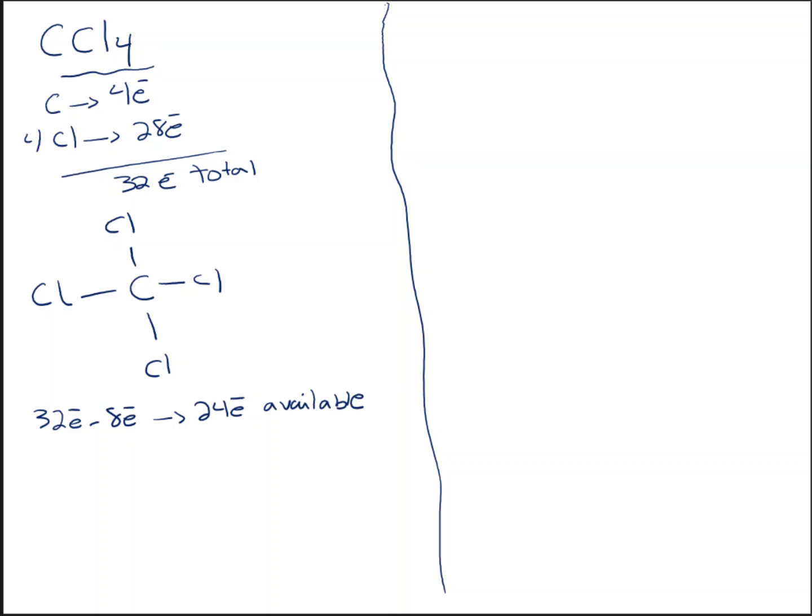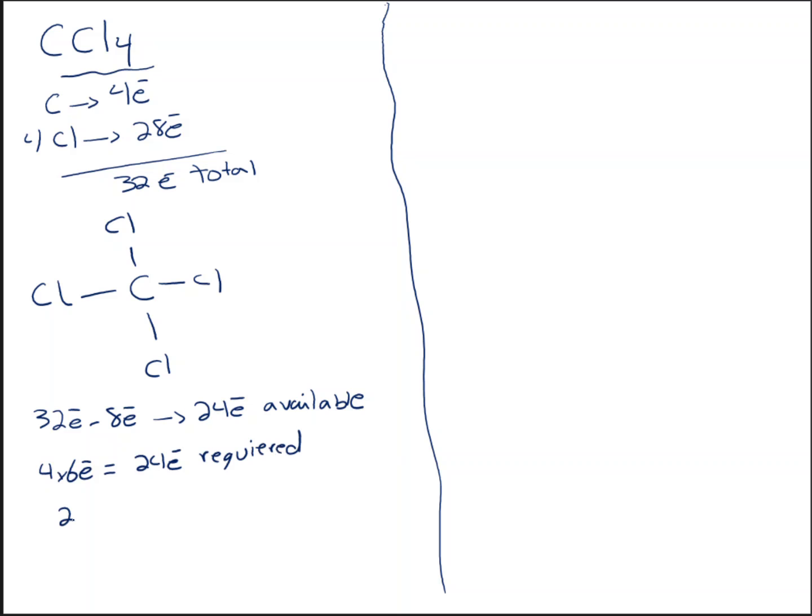Now let's see how many electrons are required to complete the octet of carbon and chlorine. Carbon is already octet. Each chlorine needs 6 electrons to become octet. So 24 electrons are required to complete the octet of each chlorine and carbon.